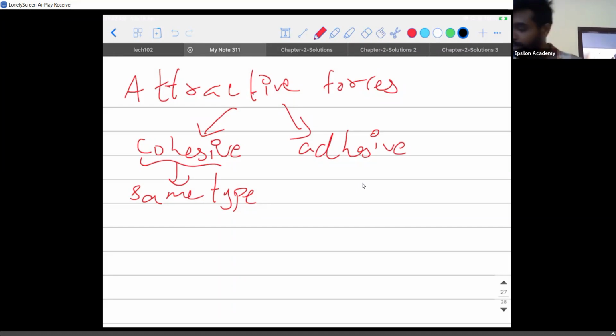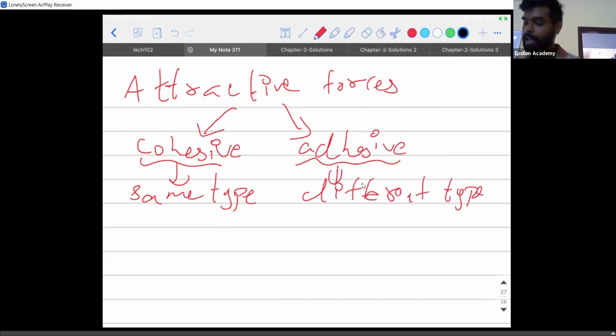Okay, fine. Adhesive forces: now your Fevicol, your gums, all these are what are called adhesives. You might have even seen in your Fevicol dabba, they say it's adhesive. What's an adhesive? It is going to stick to different materials. Right? So it is interaction between different types of substance.